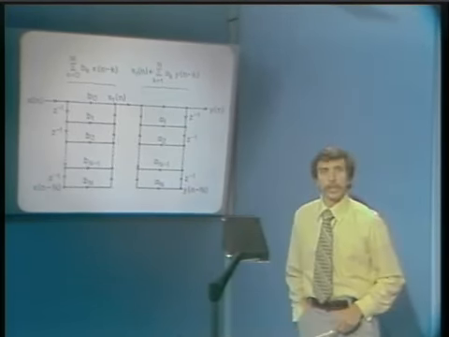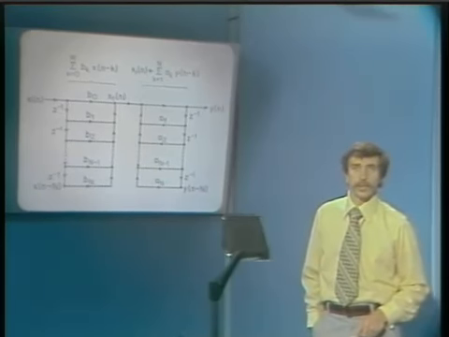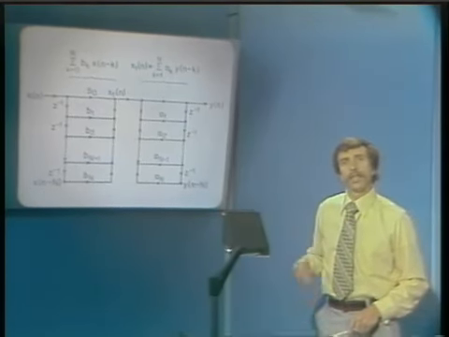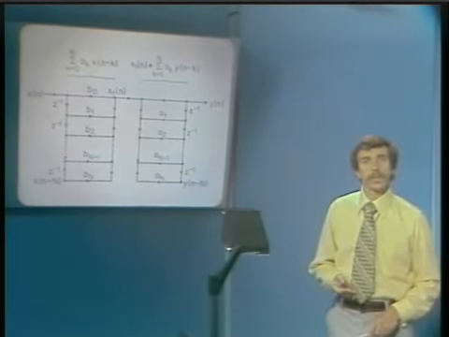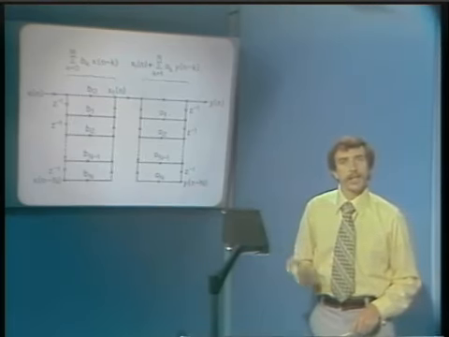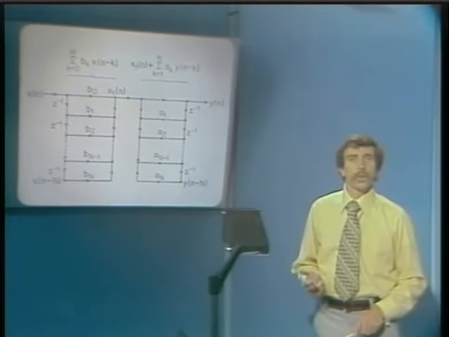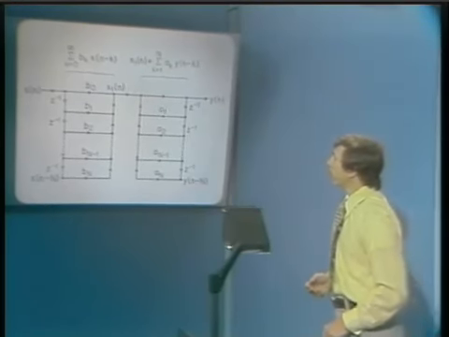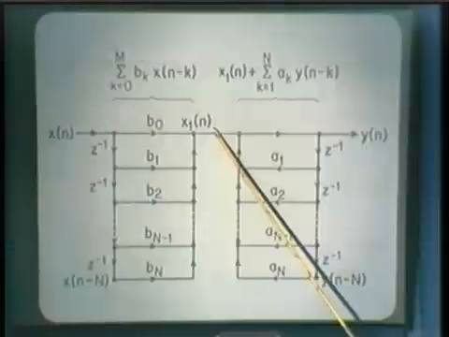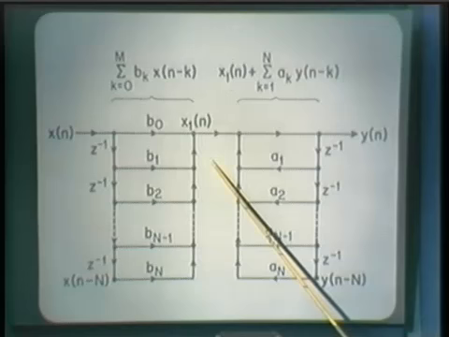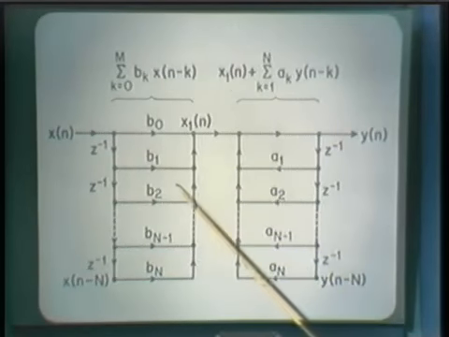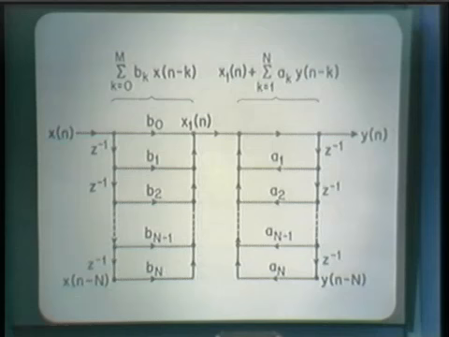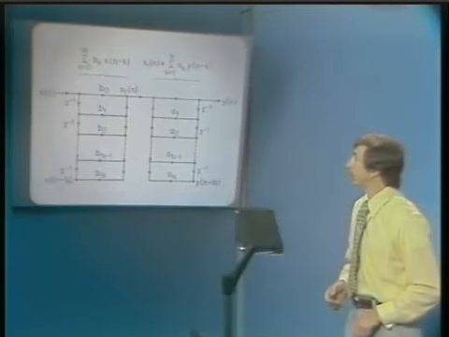They both implement linear shift invariant systems, and we know that two linear shift invariant systems in cascade can be cascaded in either order without affecting the overall transfer function of the system. So we can imagine just simply breaking the system at this point, interchanging the order in which these two systems are cascaded, and obviously what that leads to is a second implementation of the same difference equation.